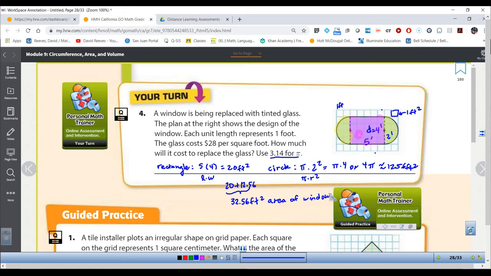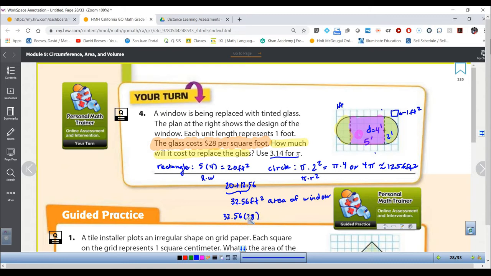And that would be the answer, except the question wasn't, what is the area of the window? The question was, how much will it cost to replace the glass? So we have to look right here where it tells us that the cost is $28 per square foot. So we have 32.56 square feet approximately, because we did use 3.14 for pi, and we're going to multiply that by 28, right?